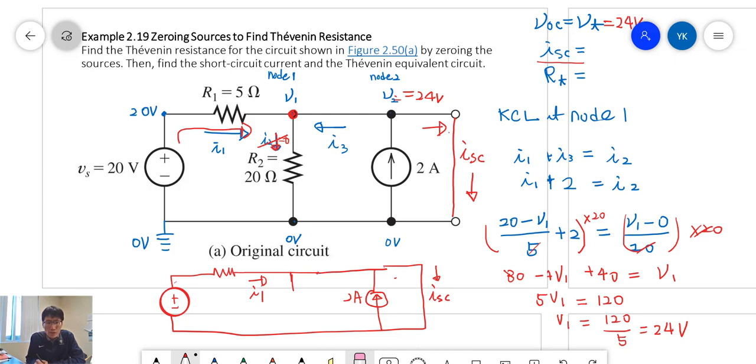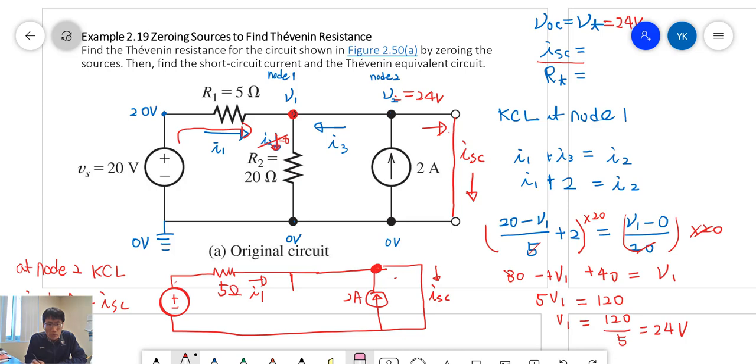At node 2, we can apply the KCL equation. Current I1 is coming in, and 2 amps also coming into the node, and ISC, the short circuit current, is coming out.